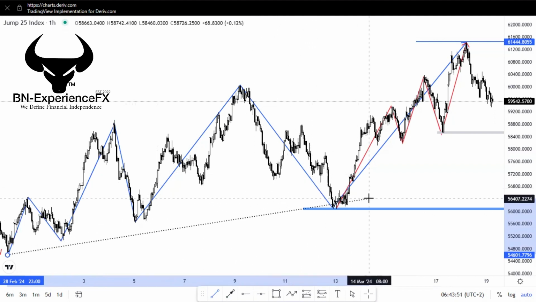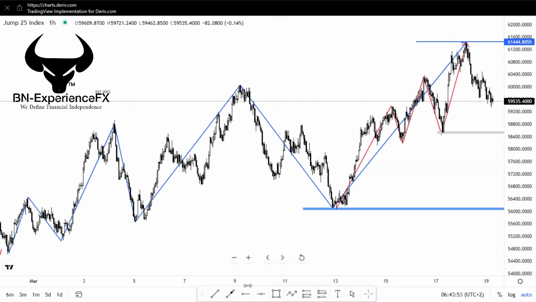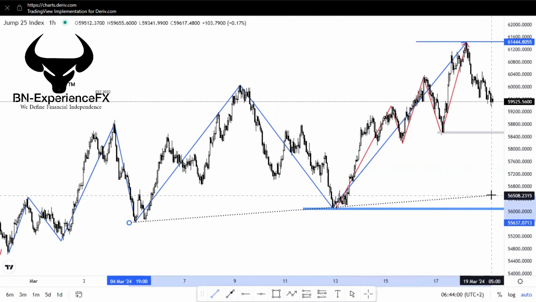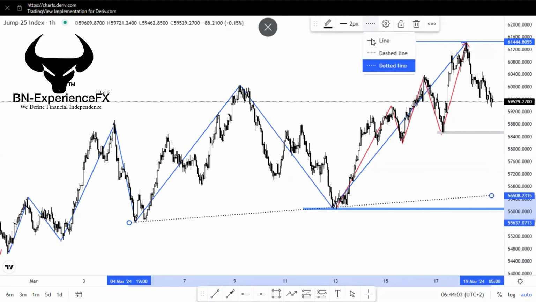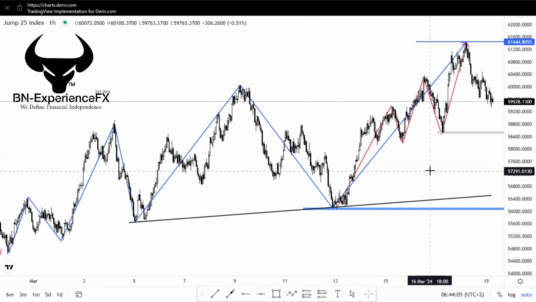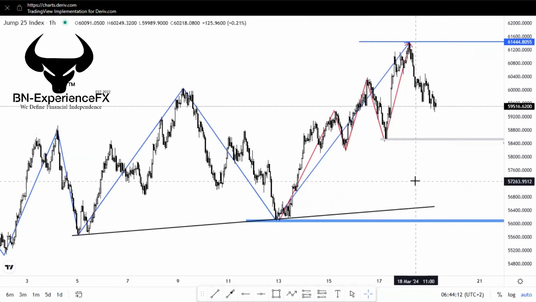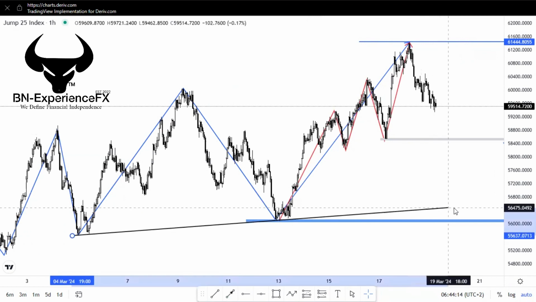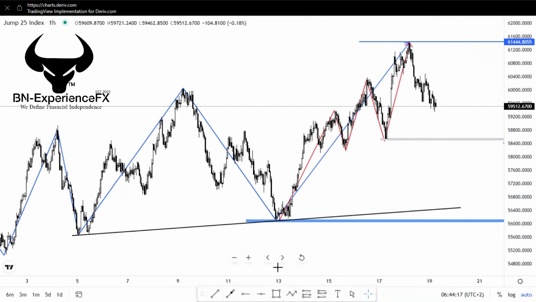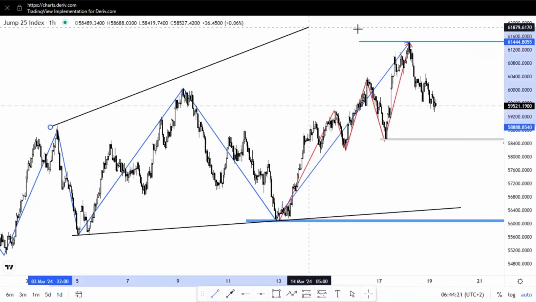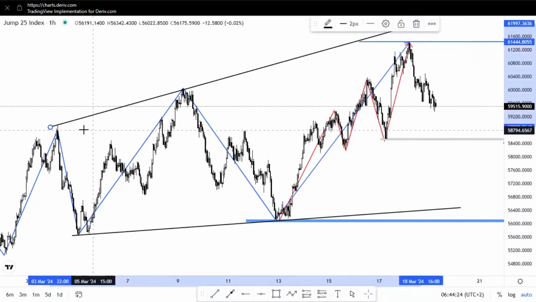It all depends on you. But for me, I'm going to start from here. When I draw my trend lines, one of the rules I use is to just focus on the sides that are closer to where the current price is. That's a big point I've just given you.